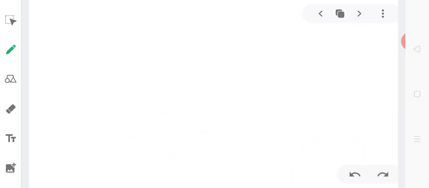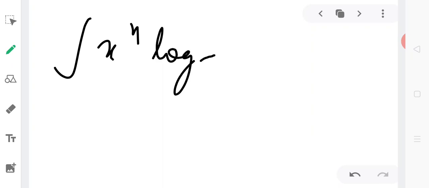Let us consider one more example. Suppose you are asked to integrate x to the power n log x dx. So how are we going to solve it?